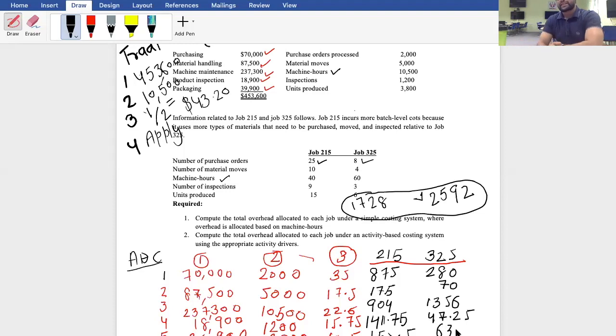So you all got the same rate or different rates? Say something. You all got the same rate or different rates? Okay.